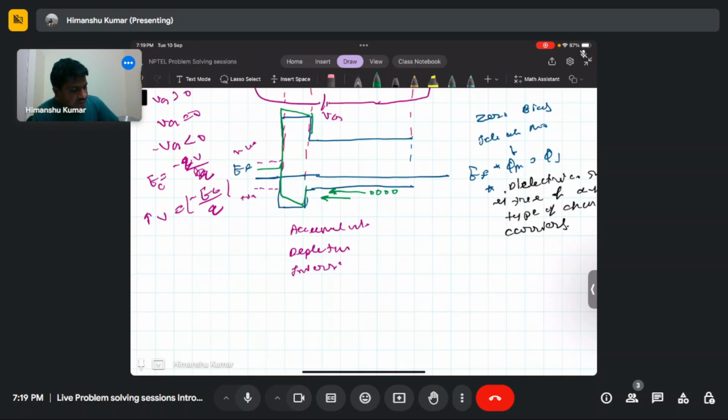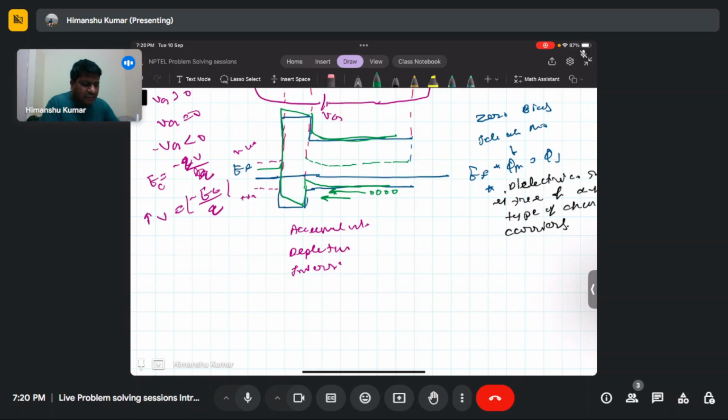The Fermi level at the interface will move closer to the valence band, and it will follow this kind of band bending. The Ei level will also go like this. So this region is known as the accumulation.